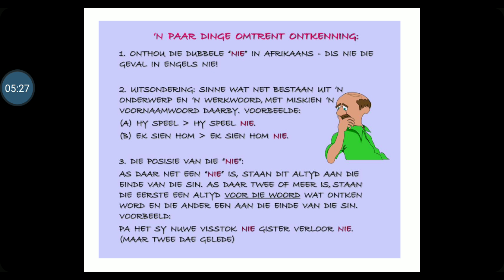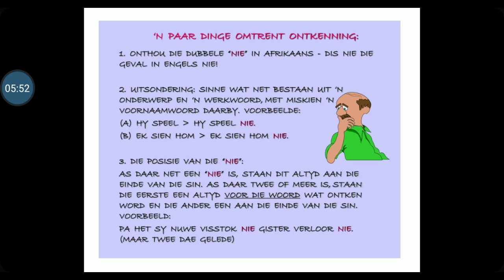The first thing is that the nies in Afrikaans, there's two nies. So obviously, when there is an object in the sentence, it's different from English. When there is no object and just a verb, there is just one nie. So, for example, hy speel nie.